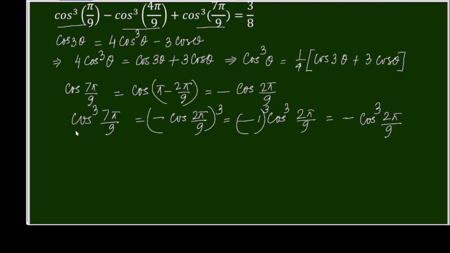So coming back to the question, the question was cos³(π/9) minus cos³(4π/9). And this third one I'll write as minus negative cos³(2π/9).